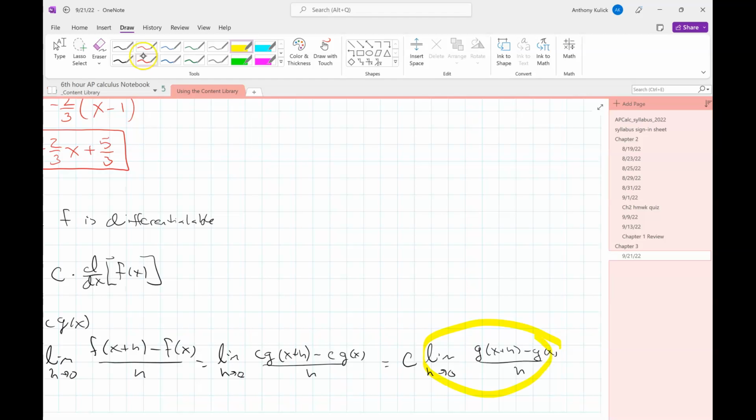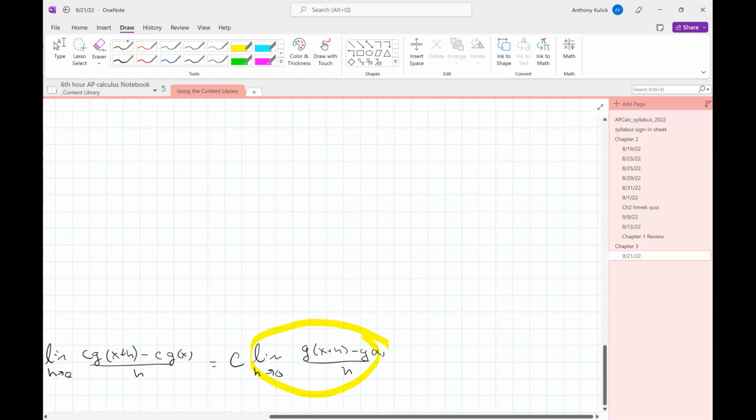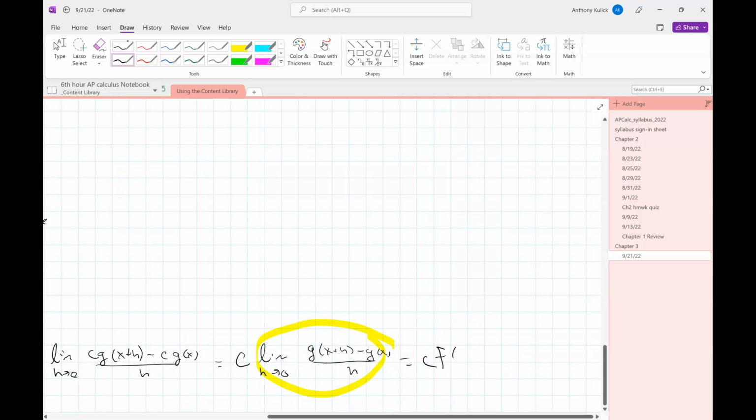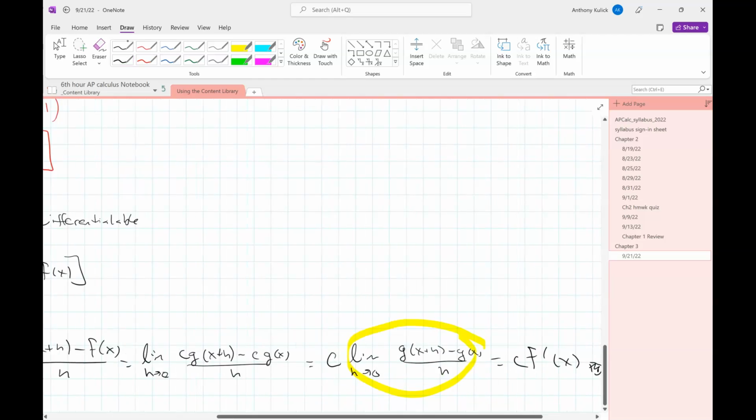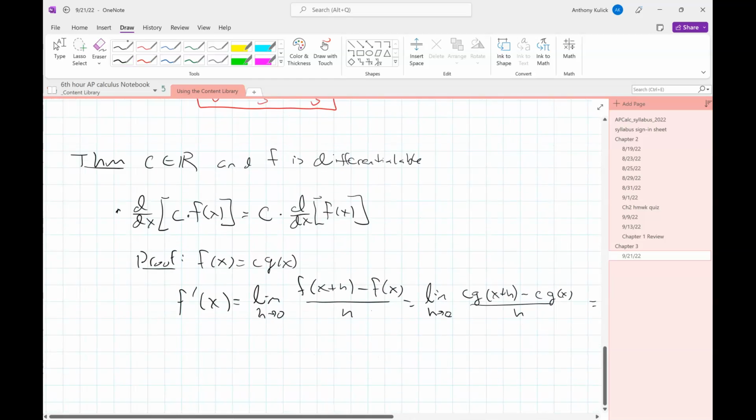And this part that's left is just by definition f prime of x. Is everybody cool with that? Okay.